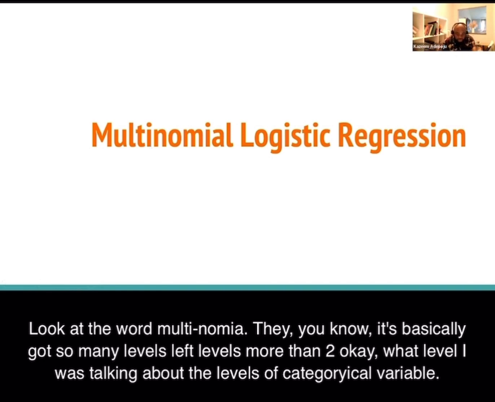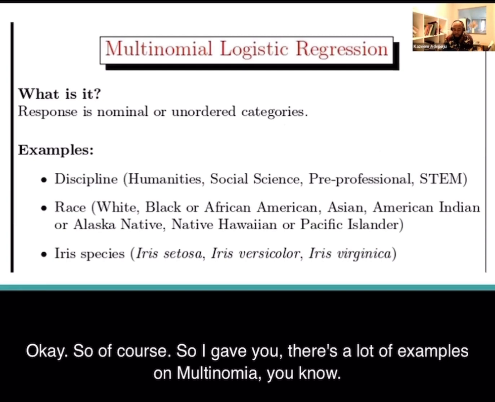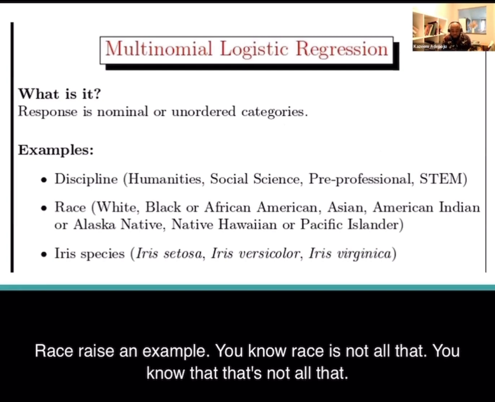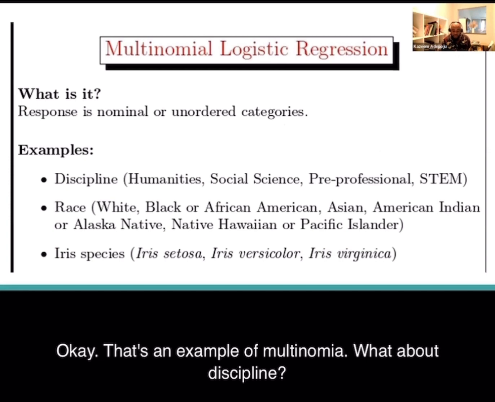What levels are we talking about? The levels of a categorical variable. There are a lot of examples of multinomial. Race is an example. Race is not ordered. We have white, Black or African American, Asian, and so on. That's an example of multinomial.